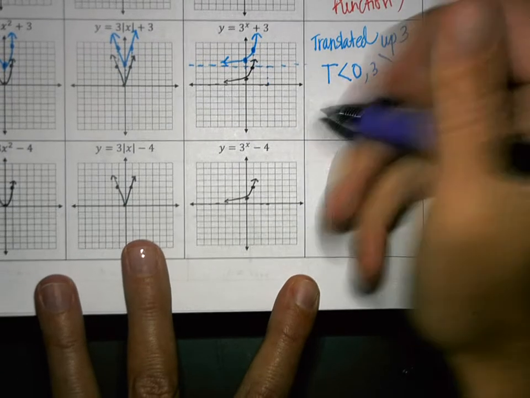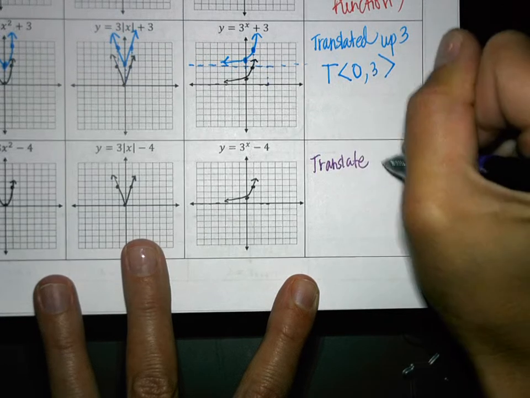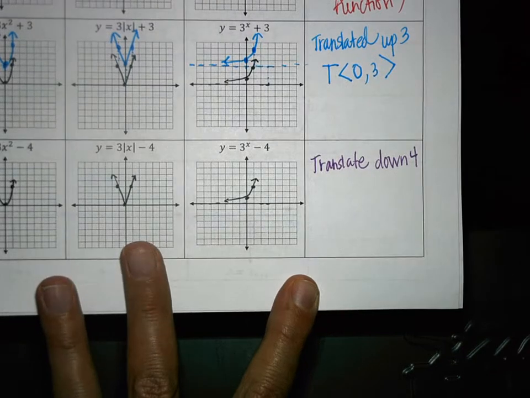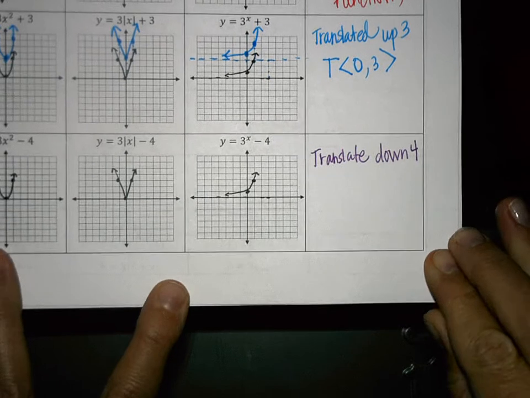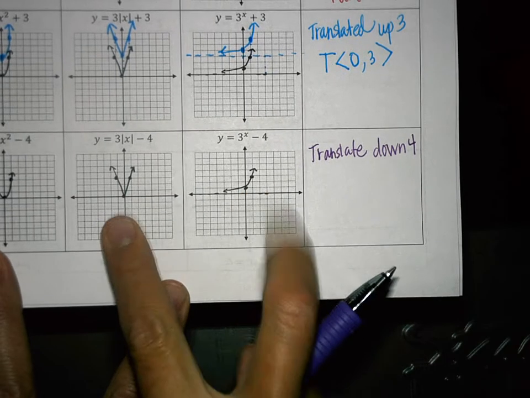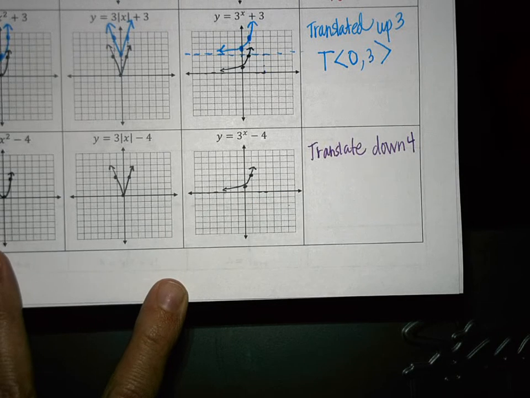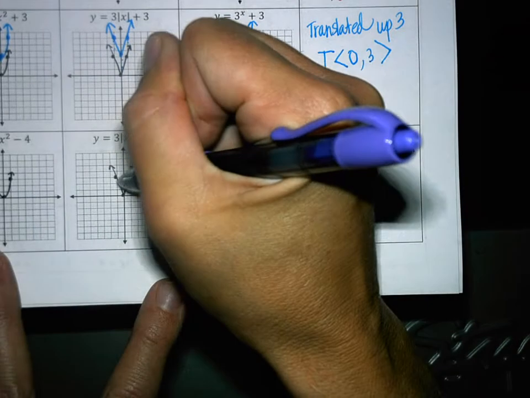Okay, we are going to translate down 4. So let's go ahead and just look at the absolute value and the exponential on this one. And so all you're going to do is take each of those points and move them down 4.